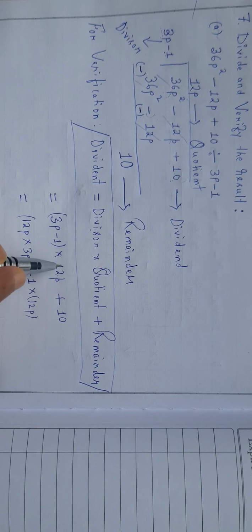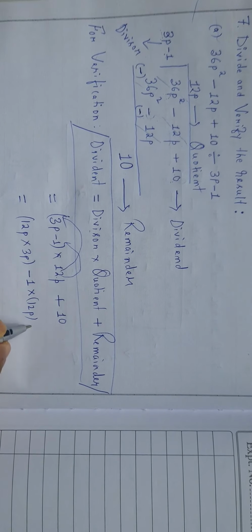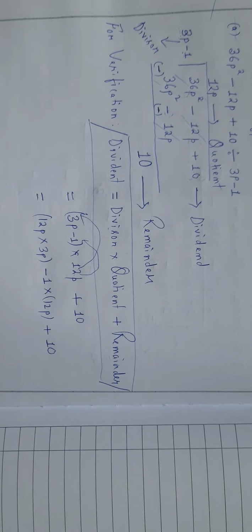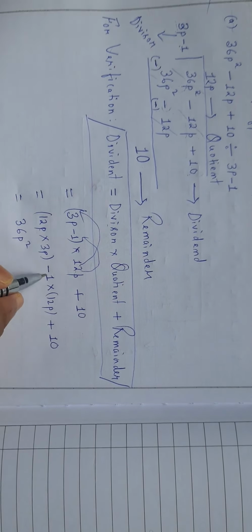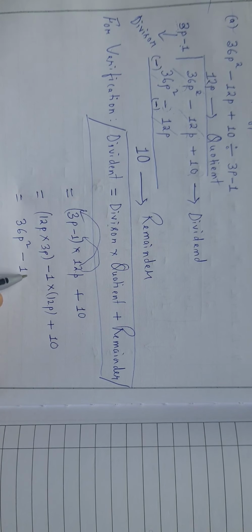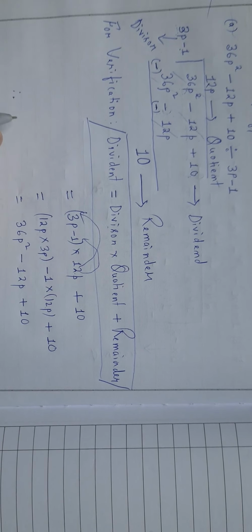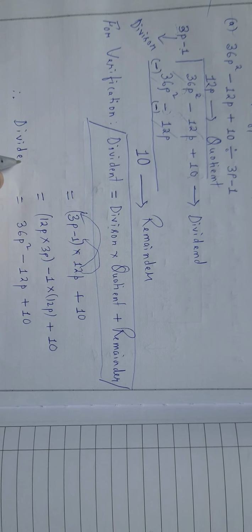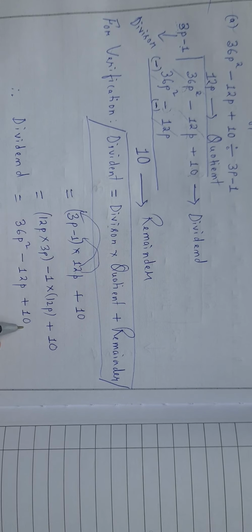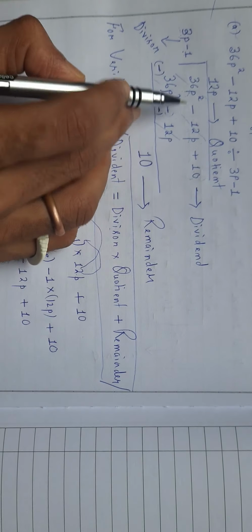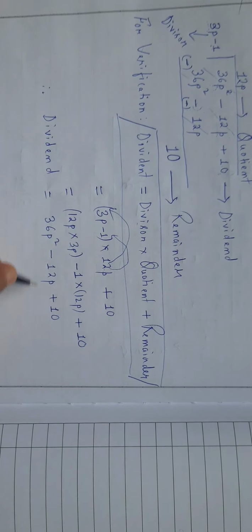Distributive property: 12p with 3p I'll multiply first, then 12p with minus 1, plus 10. 12 into 3 is 36, p into p is p square. Minus 1 into 12p means minus 12p, plus 10. Therefore, dividend equal to 36p square minus 12p plus 10, which you can see here also. 36p square minus 12p plus 10 is the dividend. So we have verified it.